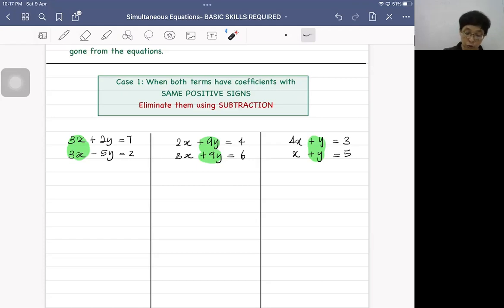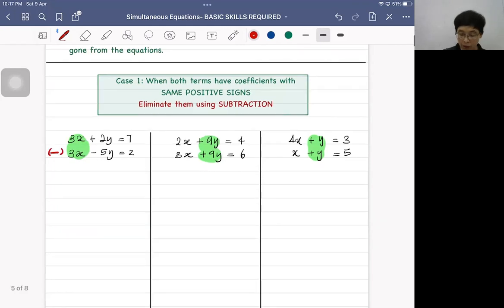We will use subtraction. So what I'm going to do is illustrate it this way. I'm going to put a bright red ink for you to see that. So we're going to subtract, and to make things easier, I will just do it as though we are subtracting this way. So here you see that you got 3x minus 3x. The whole thing is gone. See that?